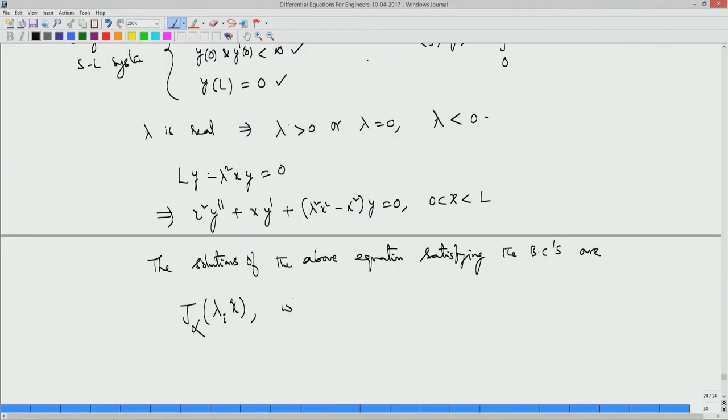These are the solutions, where lambda i satisfies J alpha of lambda i L equal to 0.